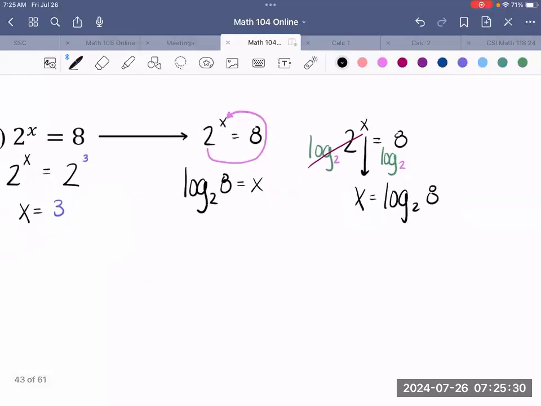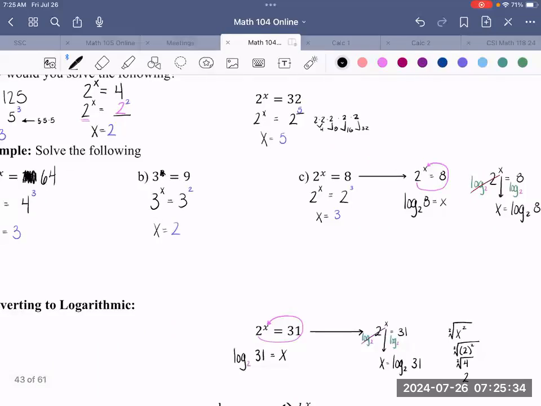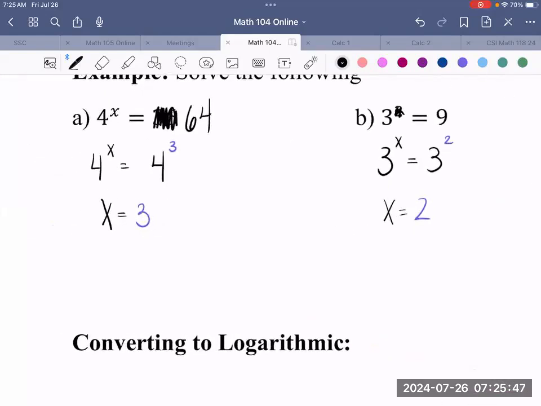Now I'm going to give you just a couple more to practice. So actually, why don't we practice on the other ones right here? So A and B. If we're taking 4^x is equal to 64, I'm going to write the log base here.